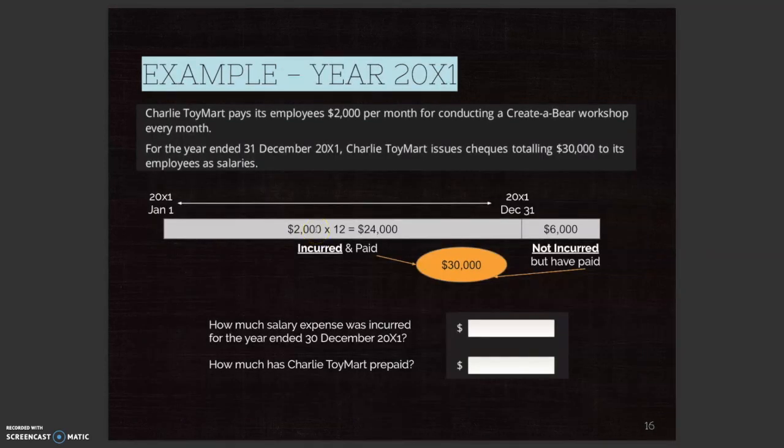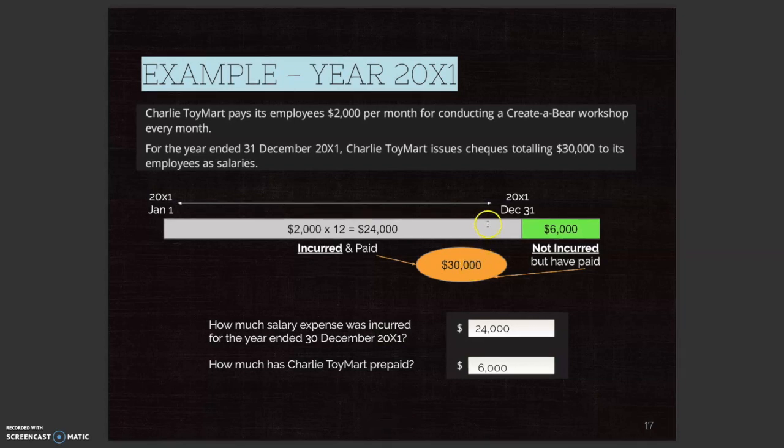Okay, now we will have one longer example across 2 years. Okay, so I want you to try to think of the amount that should be placed in the box. For this example, you paid your employees 2,000 per month for conducting workshops. During this entire year, you paid a total of 30K. So how much was the amount incurred?